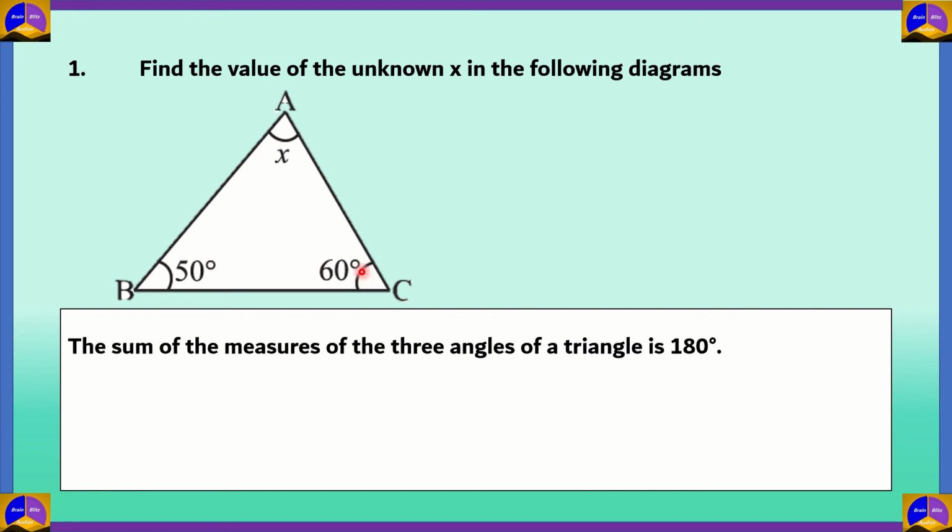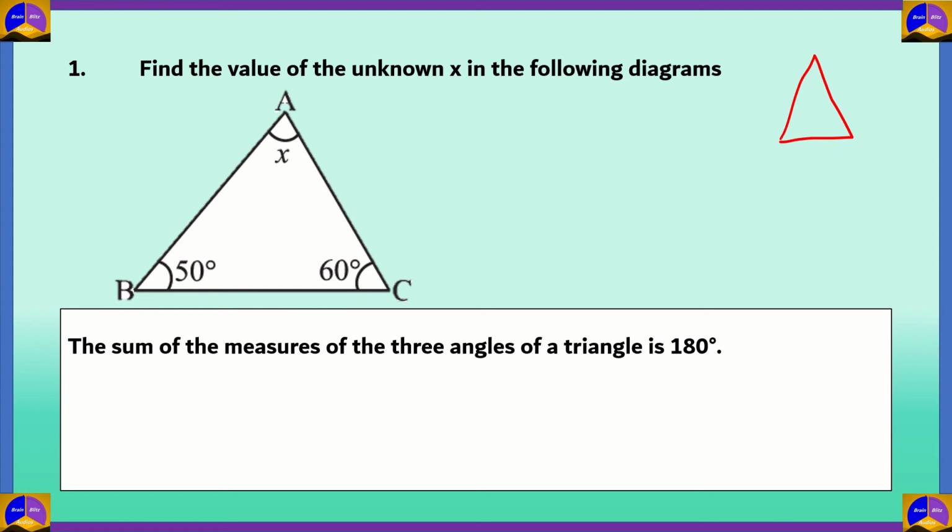This property states that the sum of the measures of the three angles of a triangle is 180 degrees. What this means is that in a triangle, the three interior angles all add up to 180 degrees.